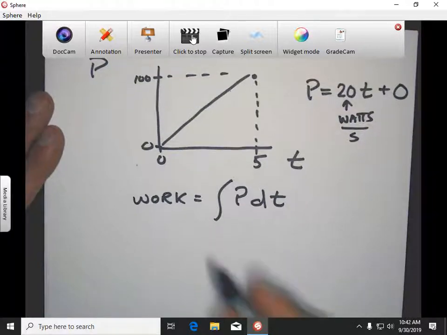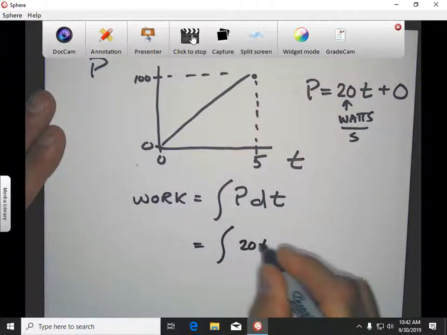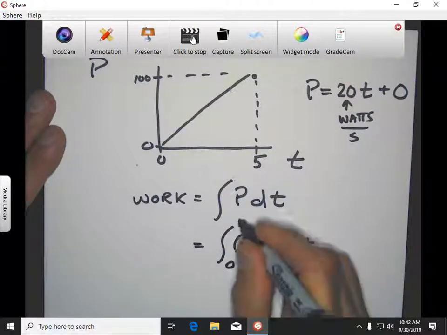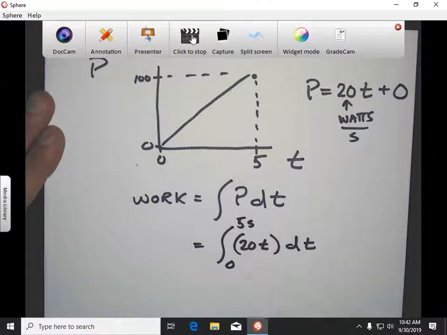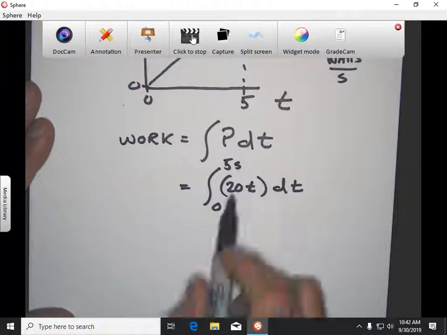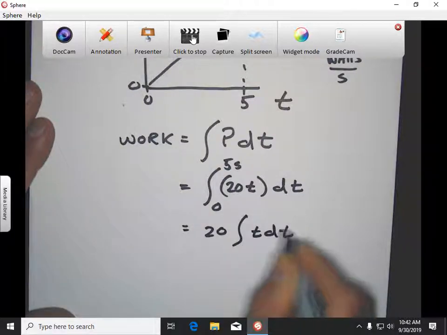So I just want to show you that if you integrate that function from 0 to 5 seconds, you'll get the same answer that we got before. Okay. So doing the integral, you have 20 times the integral of t dt from 0 to 5.